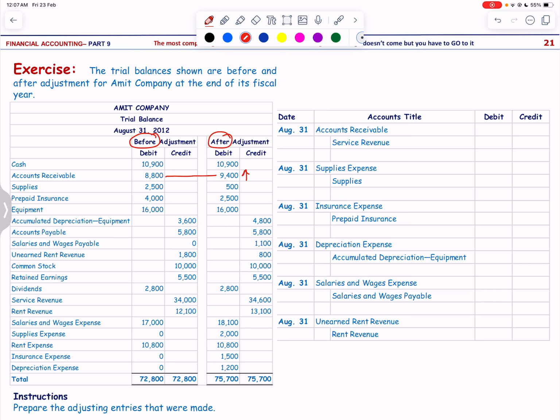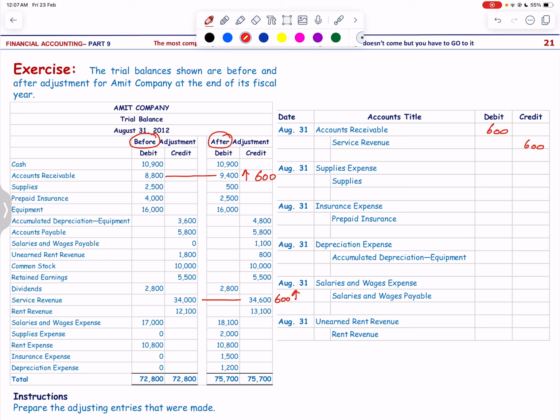And you can see that the service revenue has increased. This is an increase of 600 for accounts receivable, and for service revenue, you can see again there is an increase of 600. So accounts receivable is debit by 600 and service revenue is credit by 600.